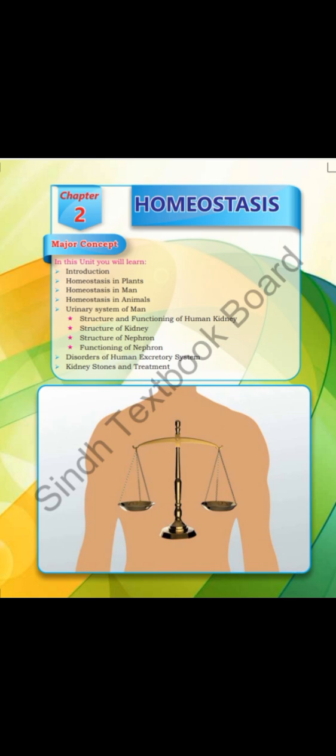Dear students, in this chapter, first of all, we will learn about the introduction of homeostasis, and then we will discuss homeostasis in plants, homeostasis in men, homeostasis in animals, and then we will discuss the urinary system of men, which includes structure and functioning of the human kidney, structure of nephron, functioning of nephron, and then we will discuss the disorders of the human excretory system, and finally we will discuss kidney stones and their treatment.